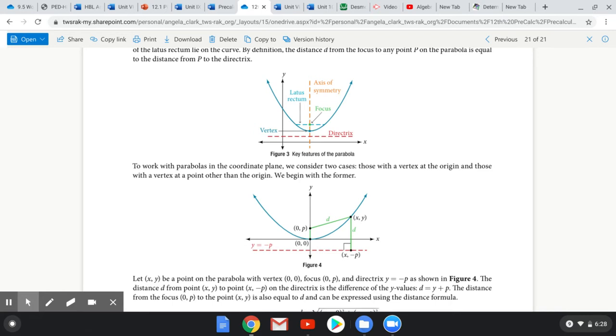And we will use interesting facts about the latus rectum to graph. So we won't be graphing the old-fashioned way, we'll be graphing in a little bit of a different way. And we'll be using information about the latus rectum to do that. I probably won't call it that because, generally speaking, I don't remember that that's what it's called.